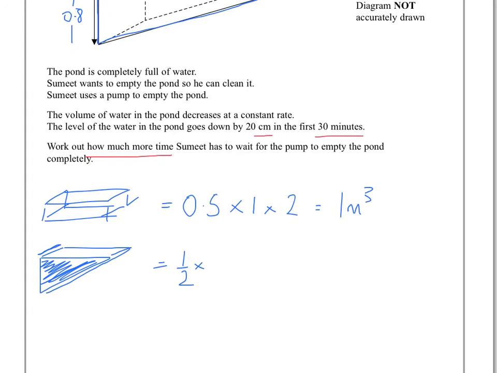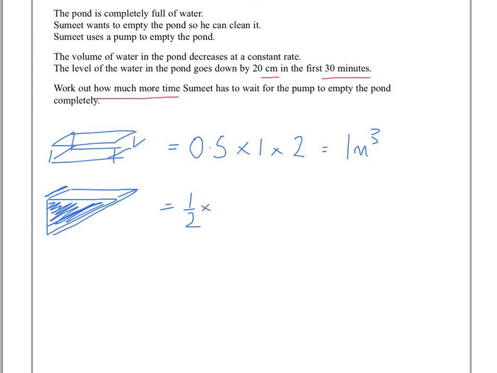So the volume will be half times the base, which is 0.8, times the height, which is again the same as essentially the length of the pool, which is 2. A half times 0.8 gives us 0.4, times the 2 gives us 0.8 meters cubed. So when we add those two together, the volume of the whole pool is 1.8 meters cubed.